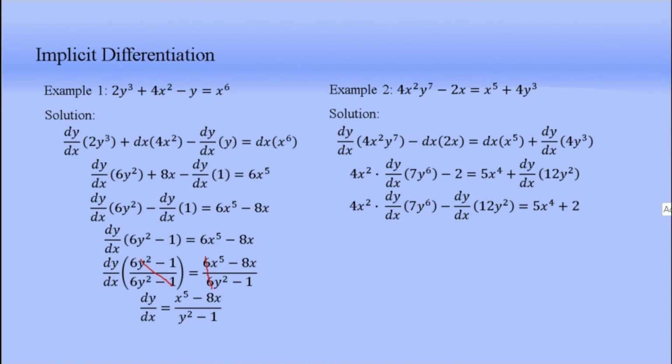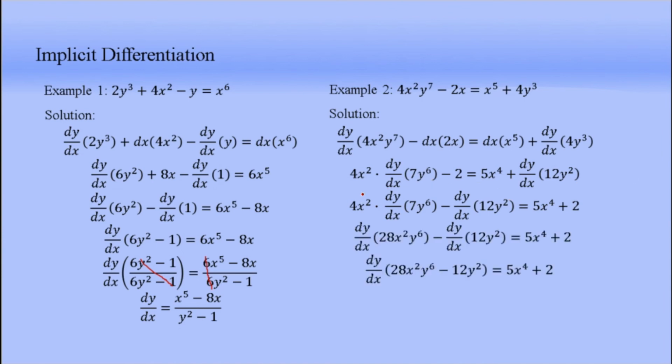And then after that, we are going to multiply 4 by 7. So 4 times 7 is 28, and then we're just going to combine this variable: 28x squared y raised to the 6th power, minus dy dx.